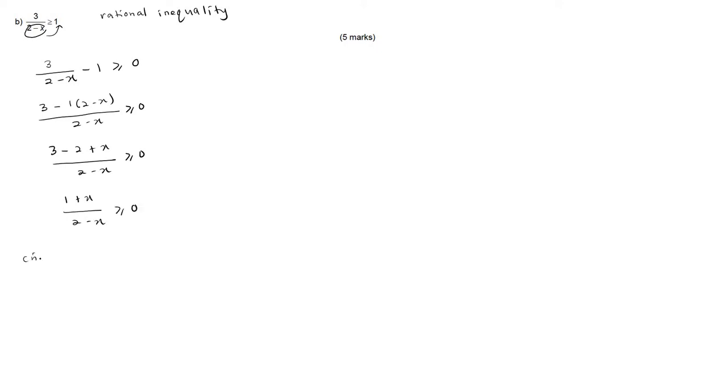And then to get the critical values of x, first we take from the numerator. Okay, from the numerator we have 1 plus x equals 0. So x equals negative 1. And then from the denominator we have 2 minus x equals 0. So x equals 2. Okay.